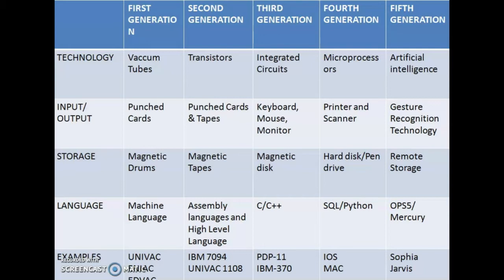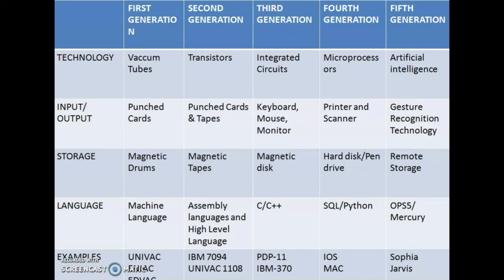Punched cards are used to enter programming code and data. Magnetic drums are used for storage. Languages, which means we need some language to communicate with the computer.